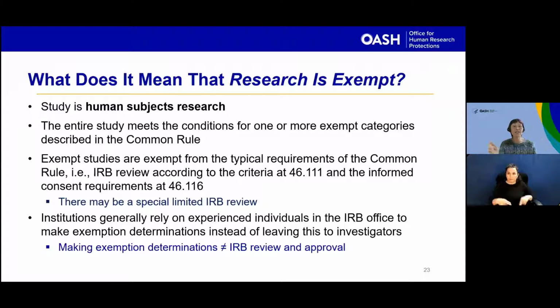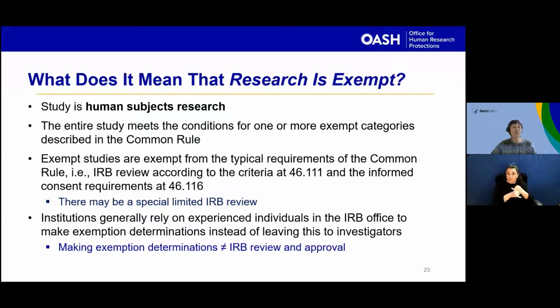If it's human subjects research, then you can look at the exemption categories. And if the entire study meets the conditions for one or more exempt categories described in the common rule, then you can invoke the exemptions that work for your research projects. I'm not going to go into the other details, but I want to say one more thing here, and this is the last point here.